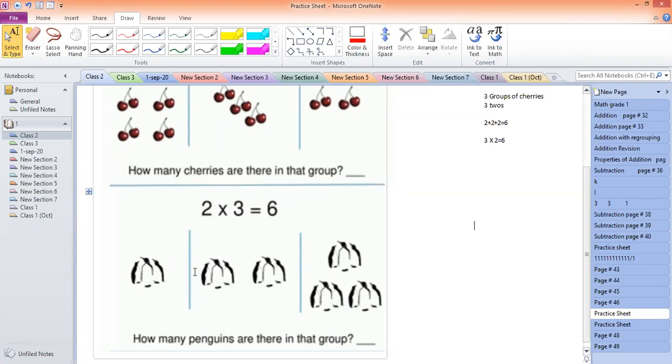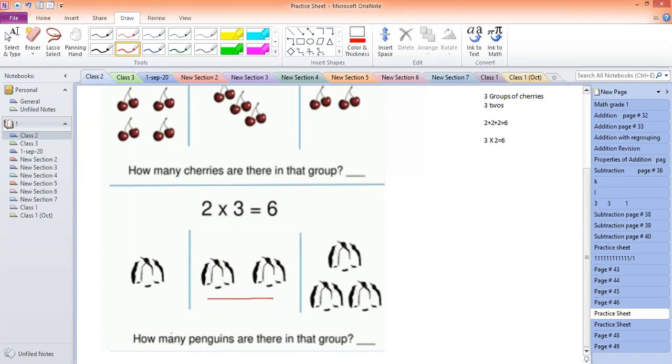What is the question? The question is how many groups of penguins are there in this figure? This one. How many groups of penguins are there? I'm asking about the group.